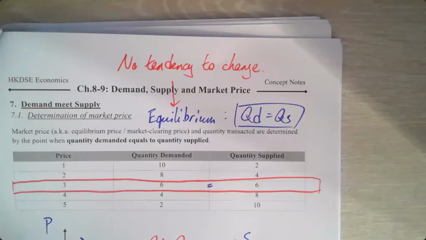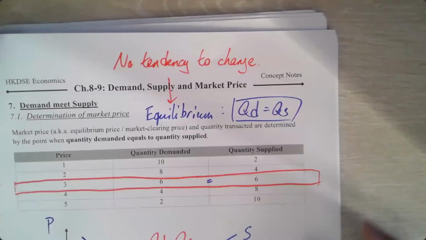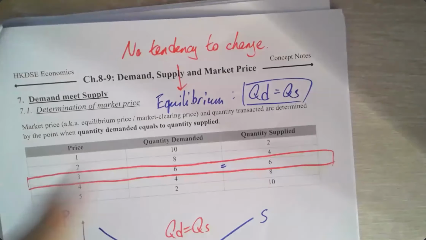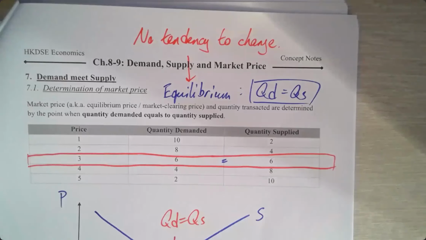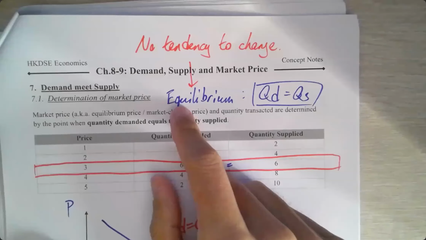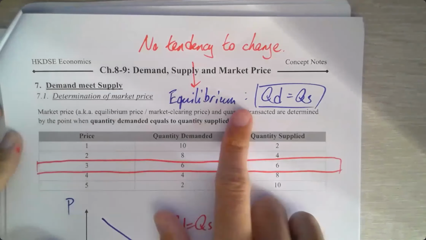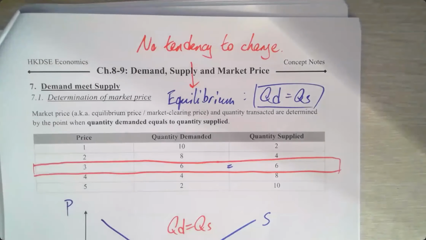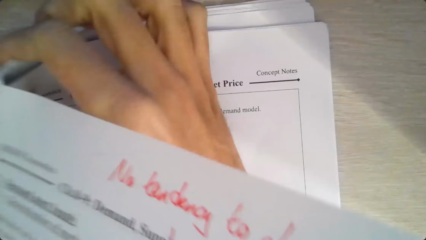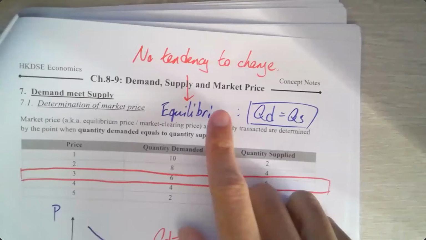點解呢一點係 no tendency to change 咧？Now, in order to prove this point is equilibrium, if you remember back in chapter 7, when we talk about profit maximization, we use the same trick. We look at the situation when QD is not the same as QS, right? 係嘛？我哋望下咩情況啦？Here, or this time we look at the price.